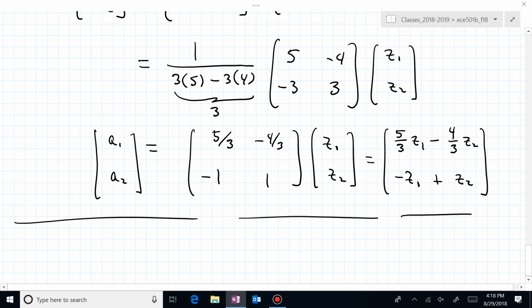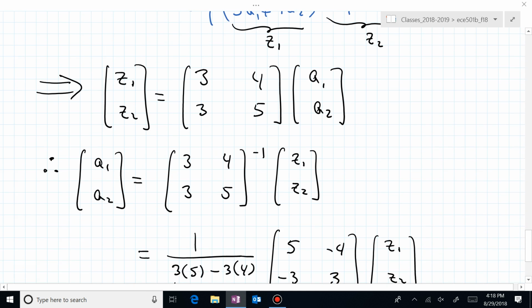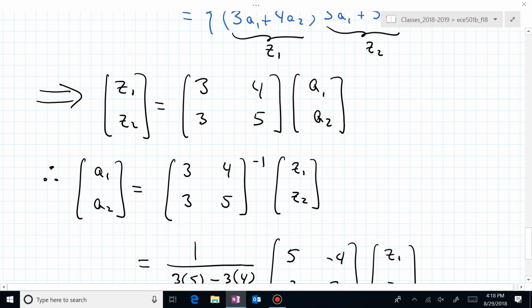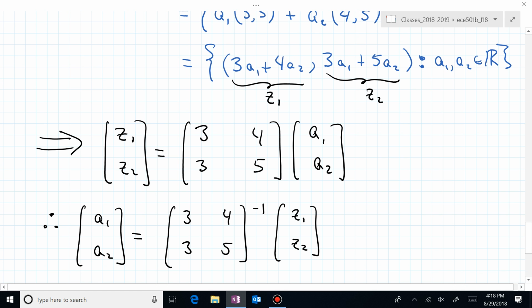So if you don't have the calculator, and if you don't think in terms of inverting a matrix or setting it up in terms of a matrix, maybe you just solve it in terms of 2 equations and 2 unknowns. And you know z1 is equal to 3a1 plus 4a2, and z2 is 3a1 plus 5a2.